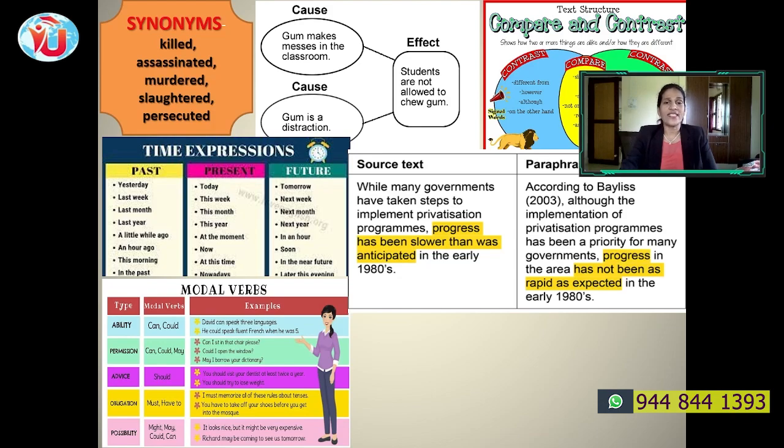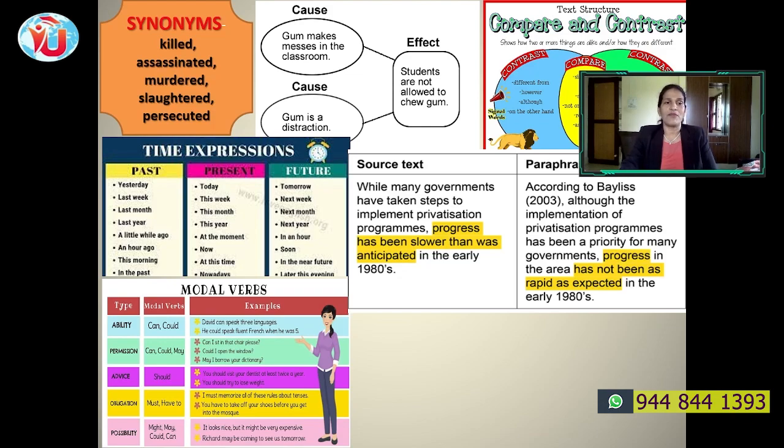But as Father insisted, go through the videos again and again, learn what those are. With that practice, I came to know what modal verbs are. So I felt the need to put it in front of you so that those who are in doubt will be clarified with this slide.